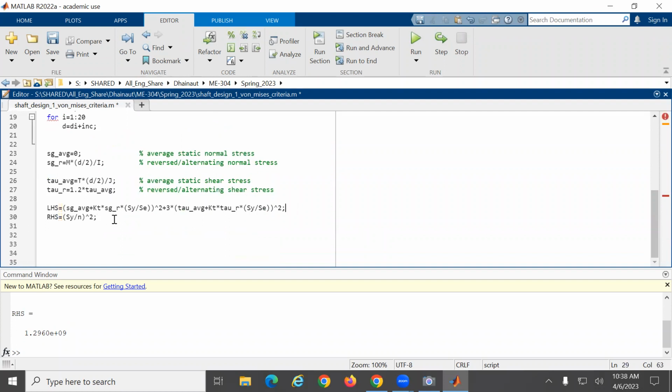Maybe we can just do now an if condition. So let's say if left hand side lower or equal to right hand side. What does that mean? Display whatever, not safe.